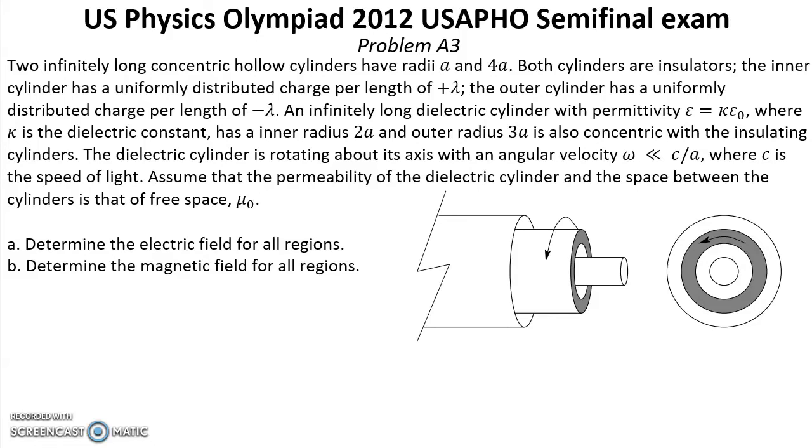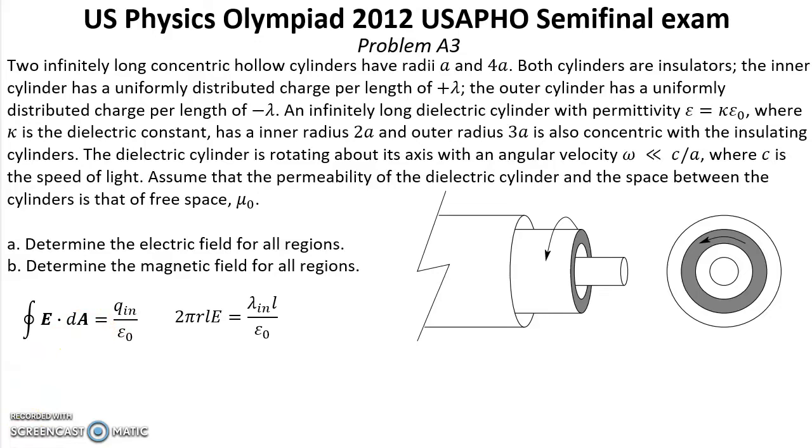For this cylinder we can use Gauss's law: the integral over the side surface of this cylinder equals Q in over epsilon 0, where Q in is the charge inside of this cylinder.